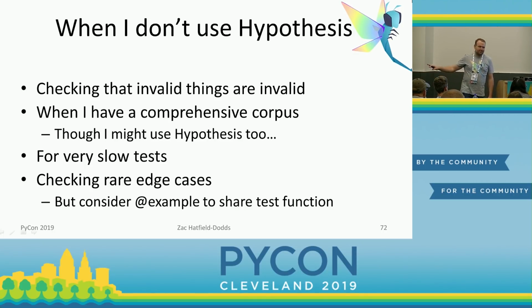So I might put that in a little directory that I don't run on every check-in. Maybe if someone reports a bug, I'll run that and see if the tests catch it. And for extremely rare edge cases, where the data is complex, sometimes I just can't be bothered describing to Hypothesis what exact kind of data would reproduce that bug. So I'll just do it manually in a manual test.